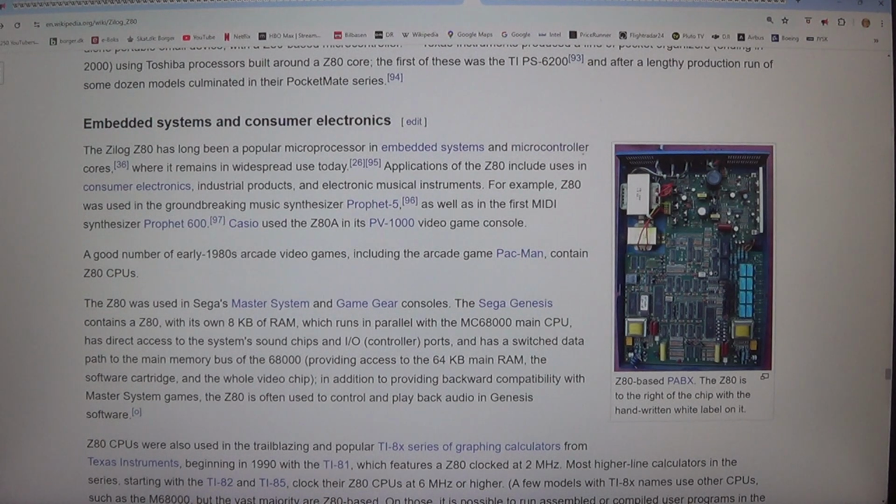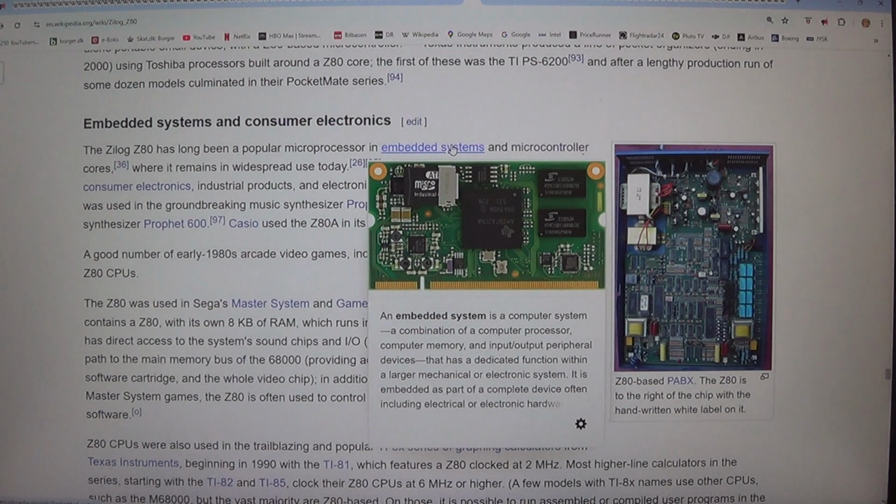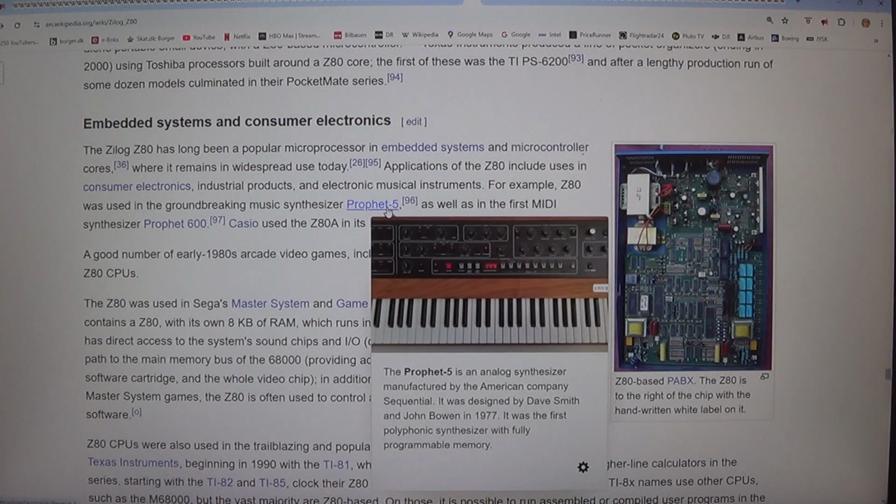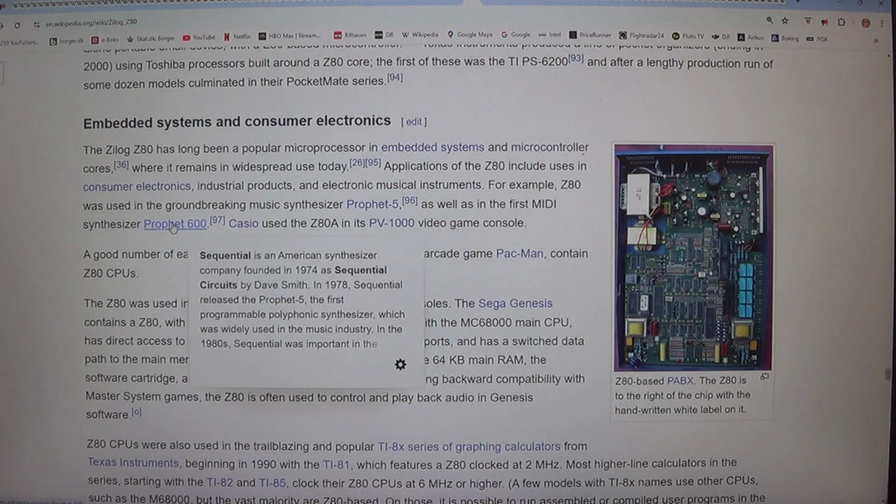Embedded systems and consumer electronics. The Zilog Z80 has long been a popular microprocessor in embedded systems and microcontroller cores, where it remains in widespread use today. Applications of the Z80 include uses in consumer electronics, industrial products, and electronic musical instruments. For example, Z80 was used in the groundbreaking music synthesizer Prophet 5, as well as in the first MIDI synthesizer Prophet 600.